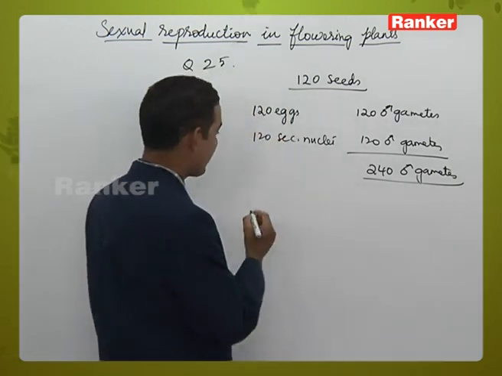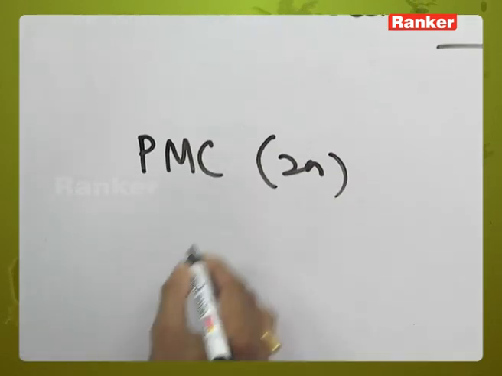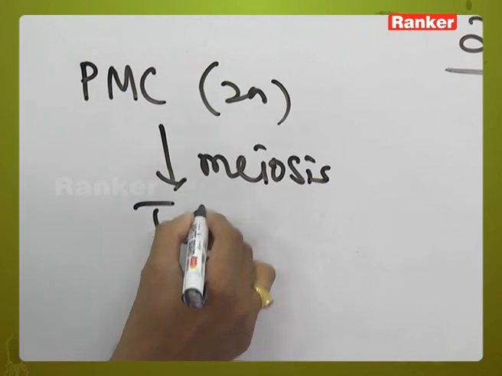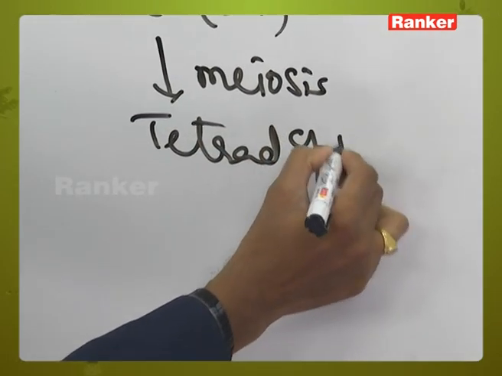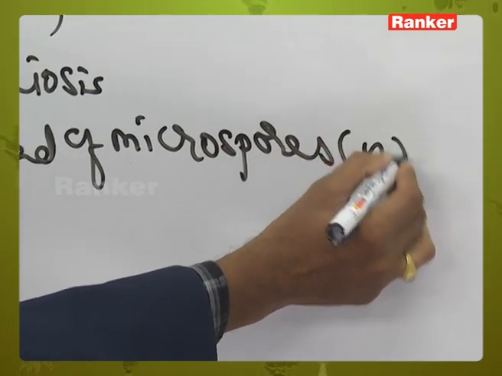And there is one relation here. Pollen mother cell, which is diploid in condition, will undergo one meiosis to produce a tetrad of microspores. That is 4 microspores, which are haploid in condition.